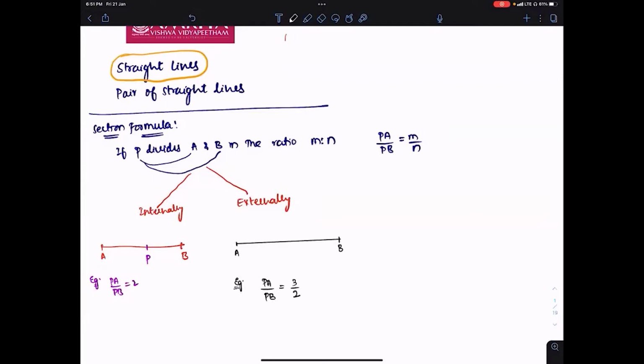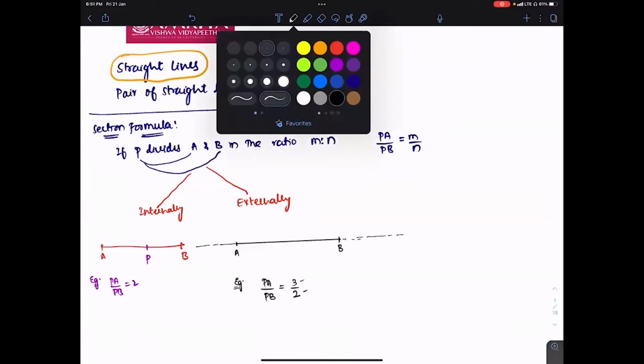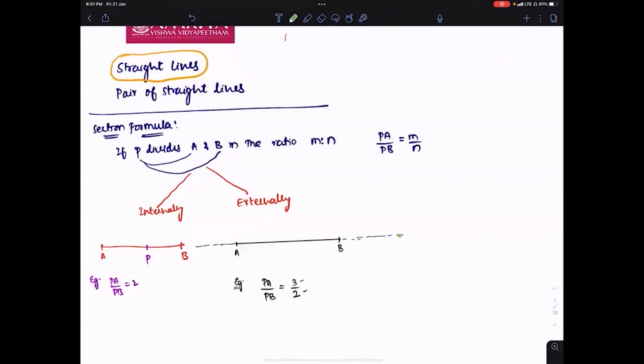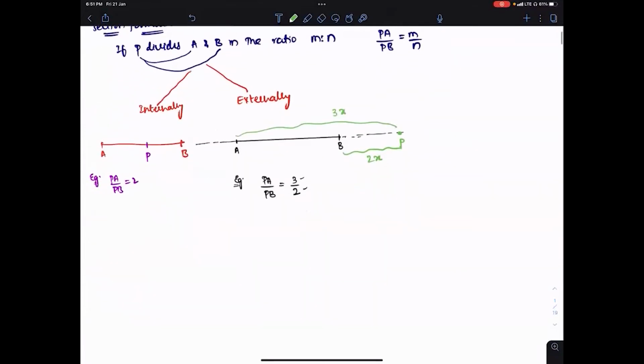That means here also if you compare numerator and denominator, PA is more than PB. So once we say externally, it should be outside the line segment AB. Clearly since PA is more than PB, P should be somewhere here such that if this is 3x, then this will be 2x.